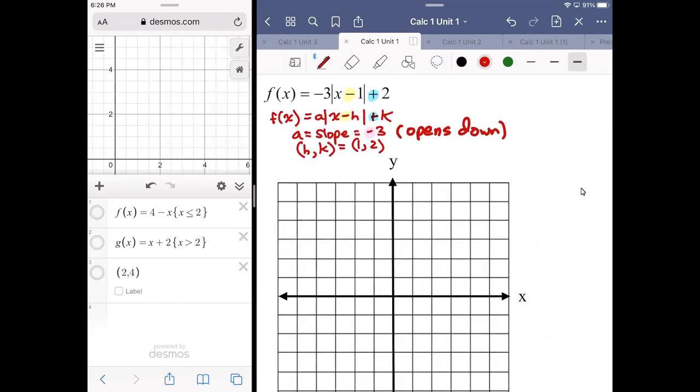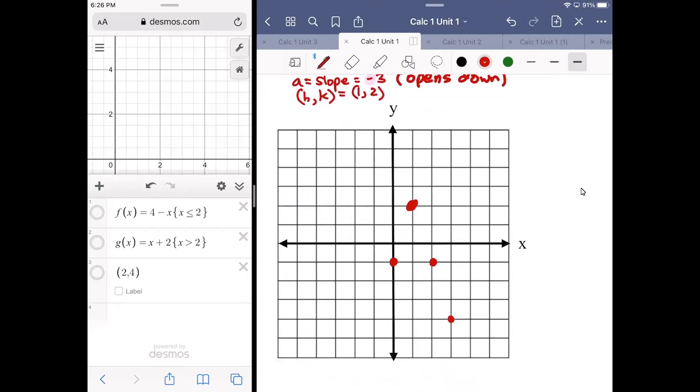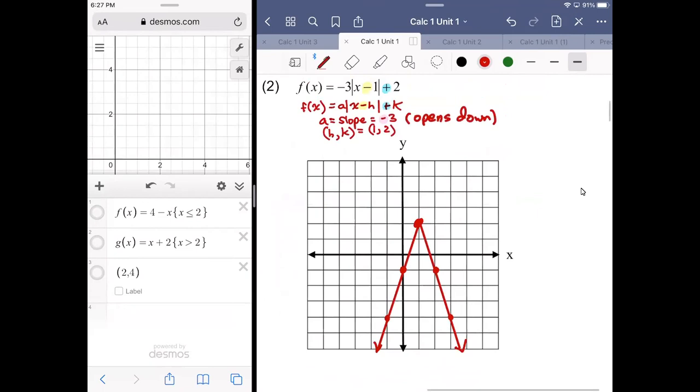All right, so I would plot (1, 2), and then counting off the slope of 3, so down 3, right 1, down 3, left 1, a slope of 3 but in the downward direction, I create a V shape with the point of the V being that vertex. All right, so we'd be looking at something like this. And so that would be our graph.